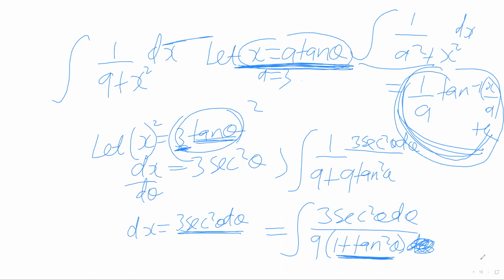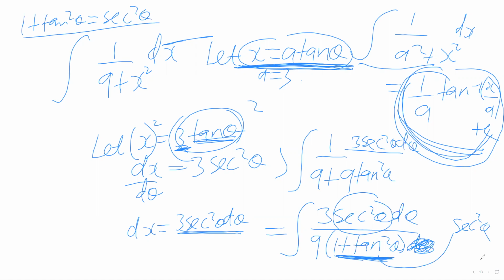What is 1 plus tan squared? 1 plus tan squared theta is equal to sec squared theta. Remember that trig identity. So this is the same as sec squared theta, which will cancel with this sec squared theta on top. So you only remain with 3 over 9. You see? So you only remain with 3 over 9.